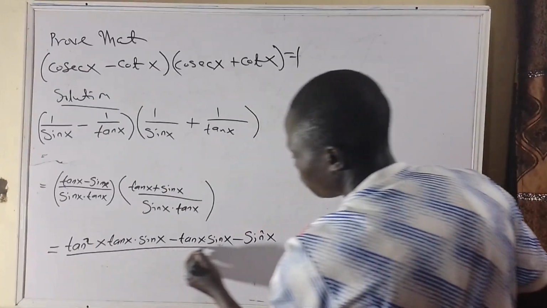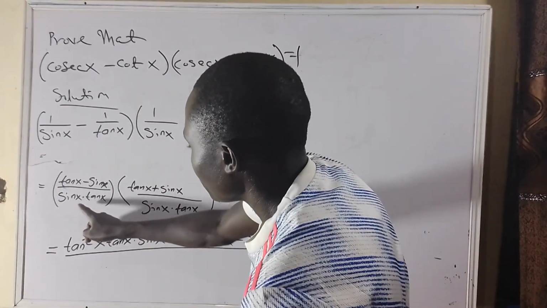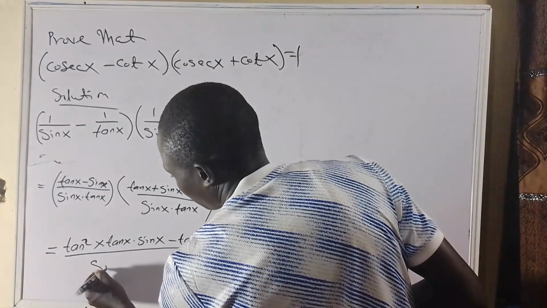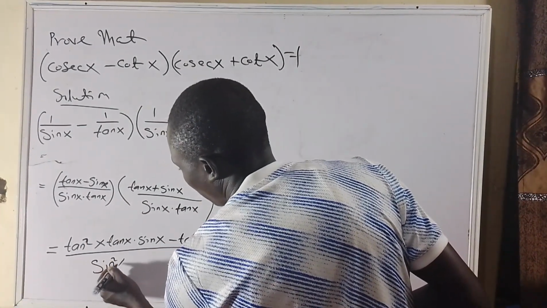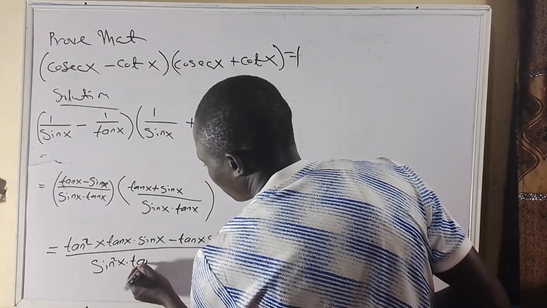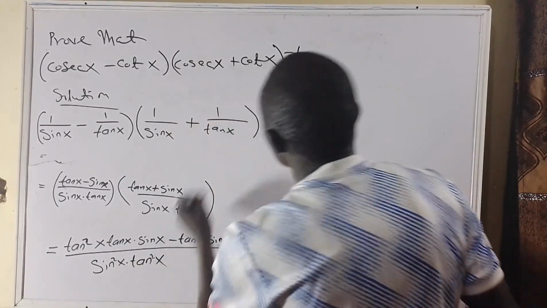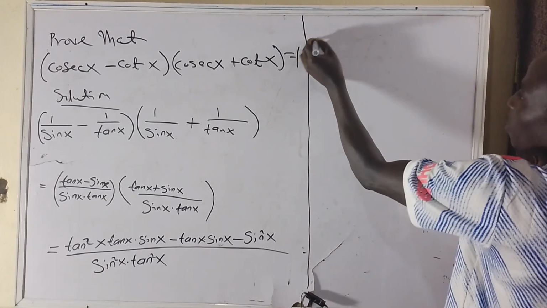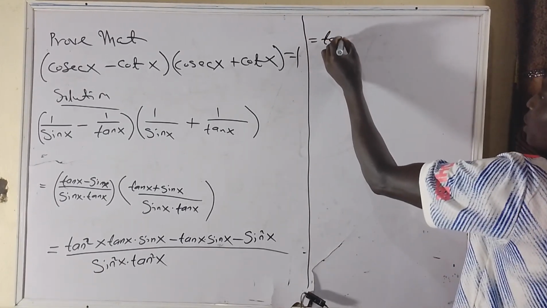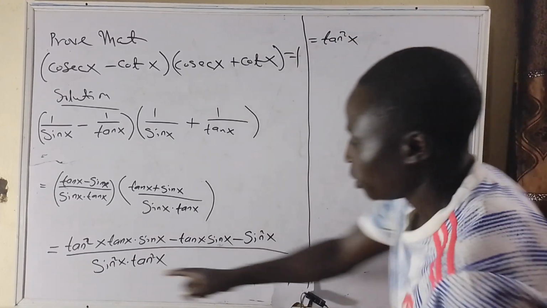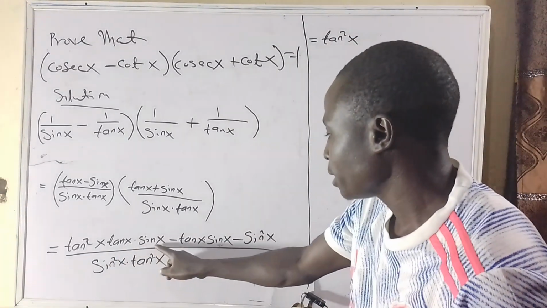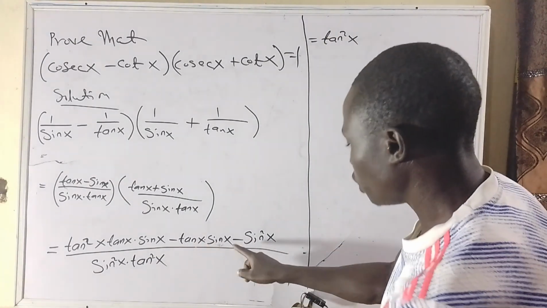Then everything will be over sin x tan x multiplying sin x tan x, which is sin square x multiplying tan square x. So let me divide both. I now have tan square x, then tan x sin x minus tan x sin x is 0.